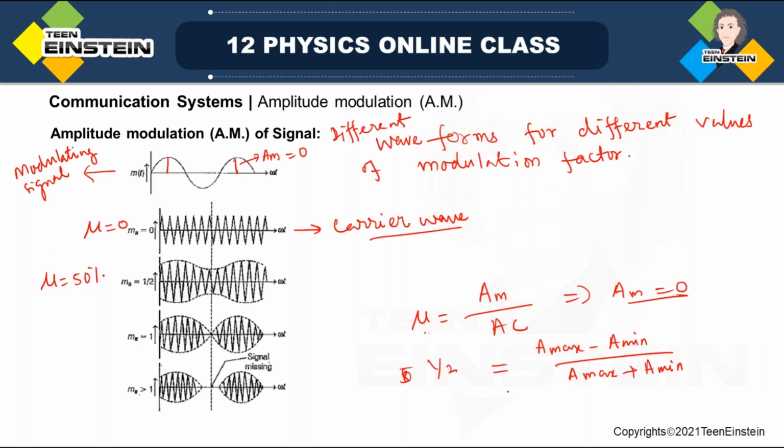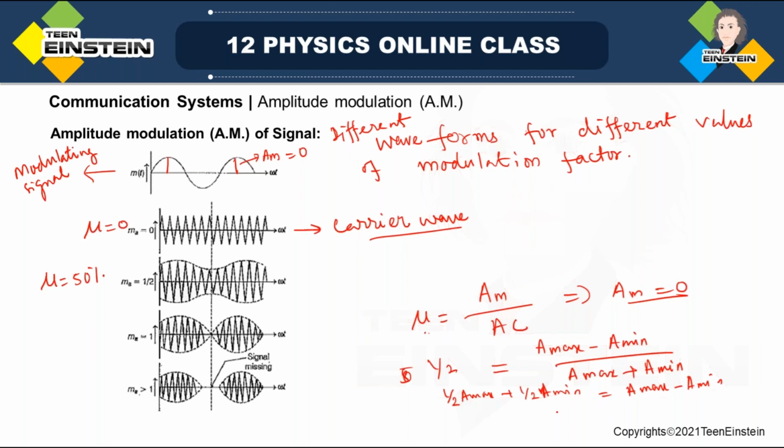So half A max plus half A min equals A max minus A min.